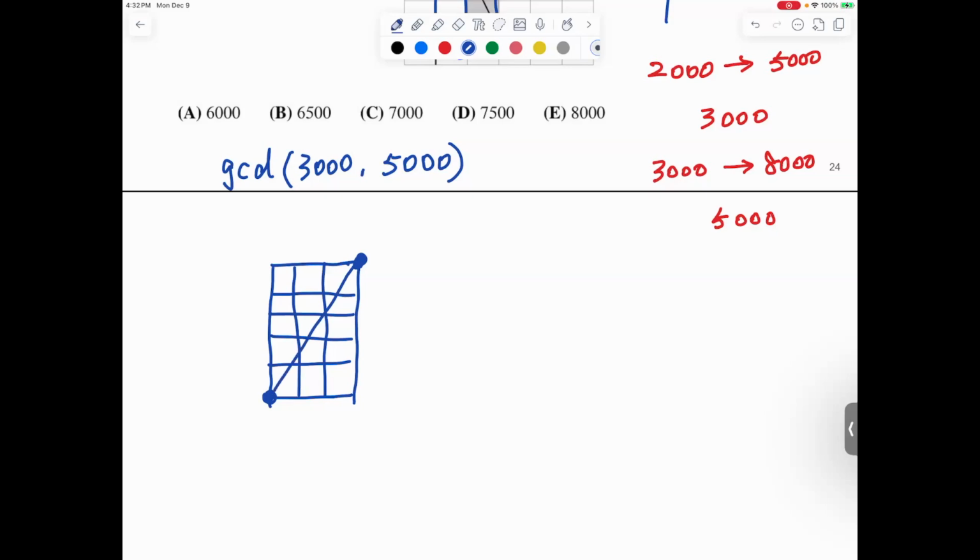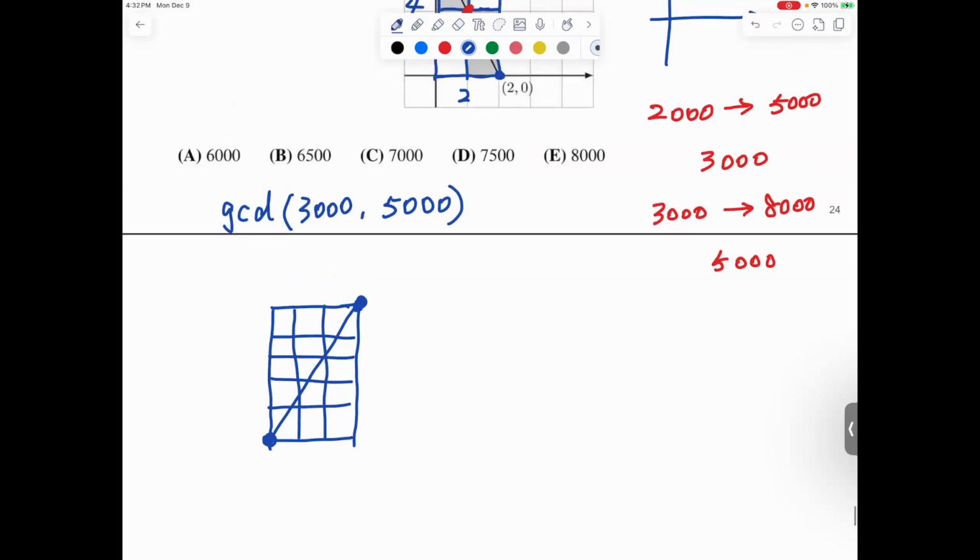So basically, he's going to have 1,000 units that look like this. Now, we only need to figure out how many squares he colors for each unit. Then we multiply by 1,000, and that's going to be the total number of cells that he will color.